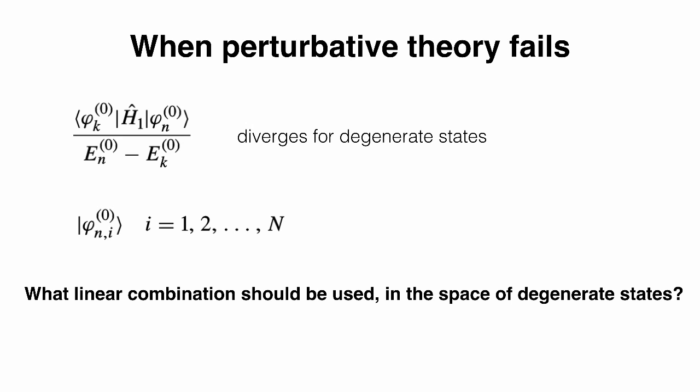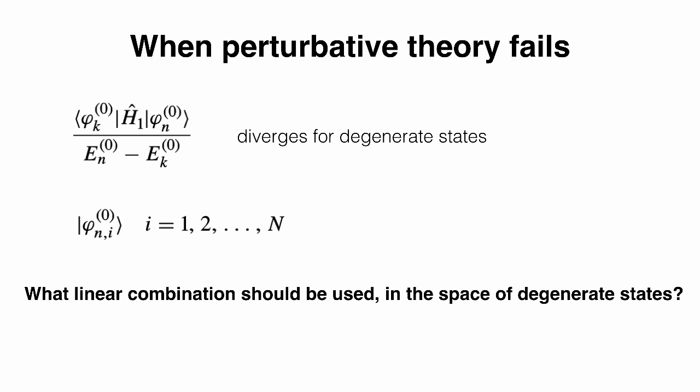So the main question we are going to try to solve is which linear combination of those states should be used for the perturbed system. The way to think about it is that the perturbation H1 is going to impose, at least to some extent, which linear combination of those states I can use as an approximate solution of my full Hamiltonian.